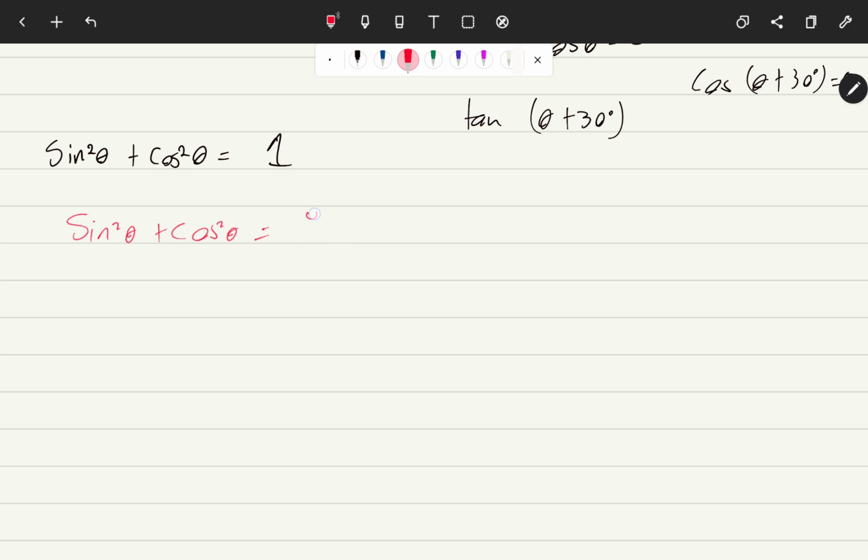We know sine is y over r, squared, plus cos, we know it's x over r, squared. And that is y squared plus x squared, both over r squared.